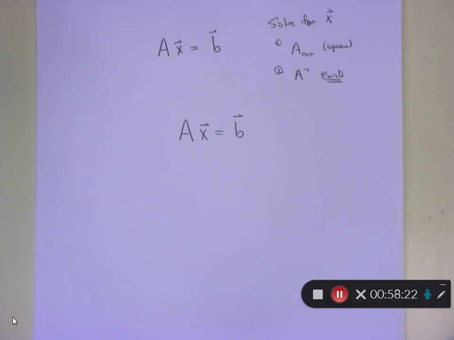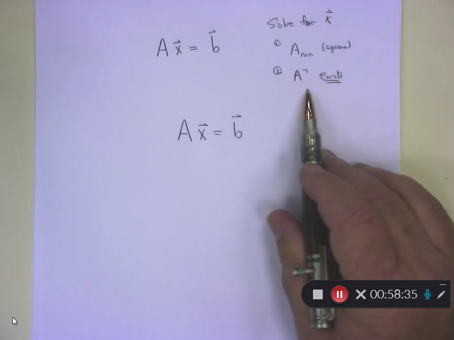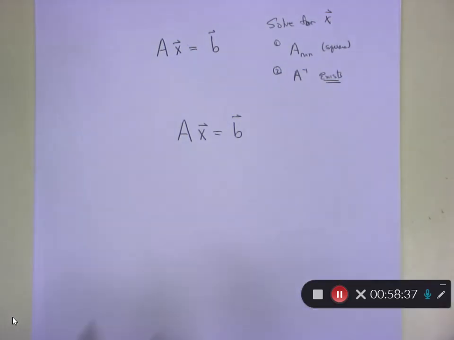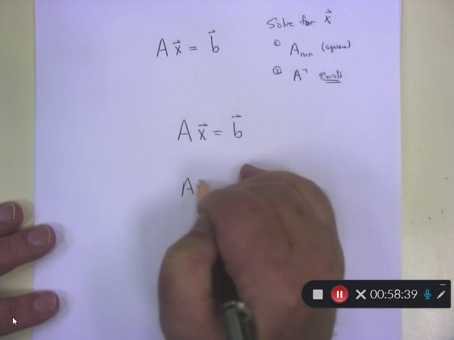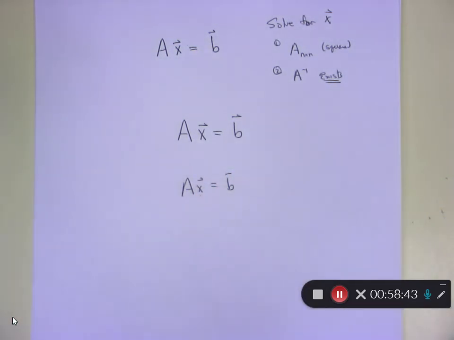The problem is there is no division with matrices. We never define, and we never will define, divide. What we have in lieu of divide is, if we want to kill off an A, I've got to have an A inverse. The inverse kills off that A. But what side of my variable is my A on?